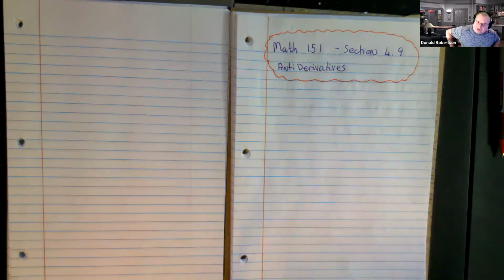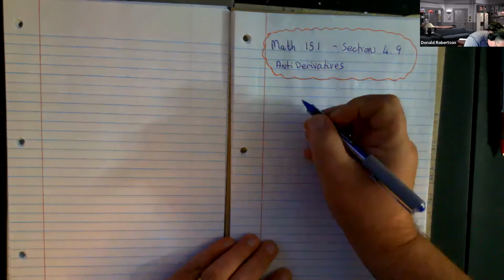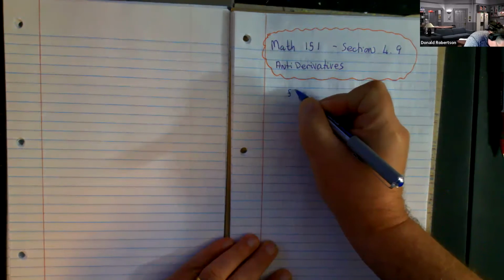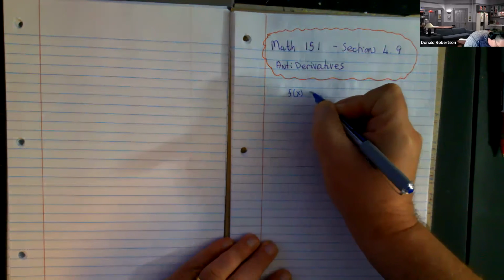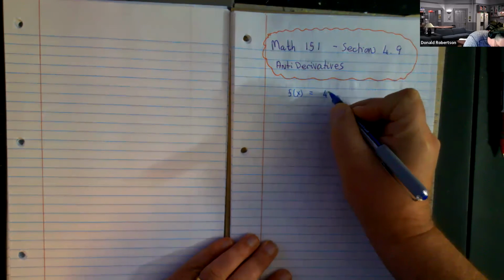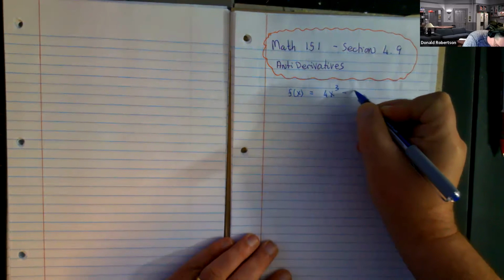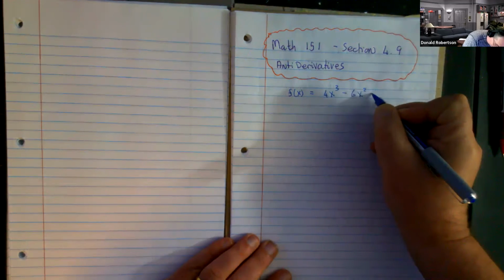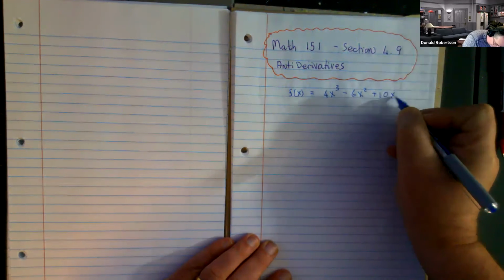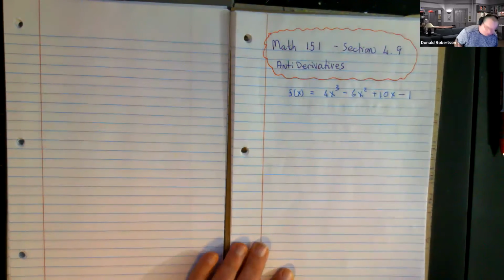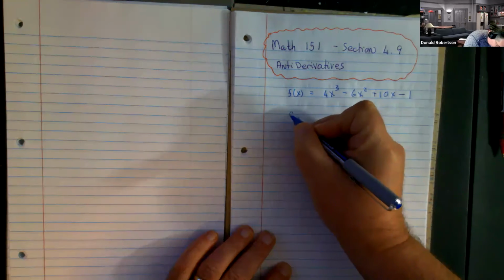Antiderivatives is a process. So let me show you what it looks like. Suppose I take a function f of x, let's call it 4x cubed, take away 6x squared, plus 10x minus 1. And I differentiated it.